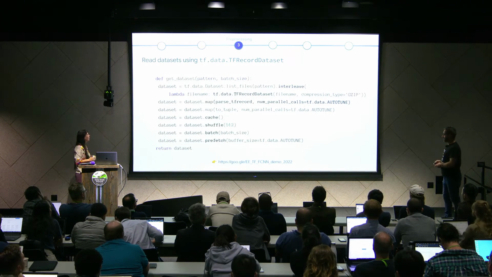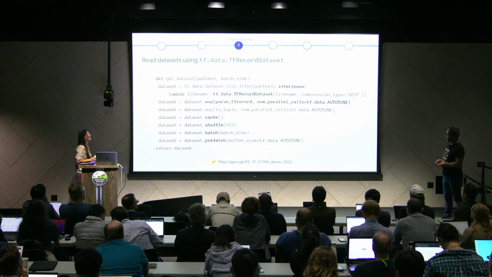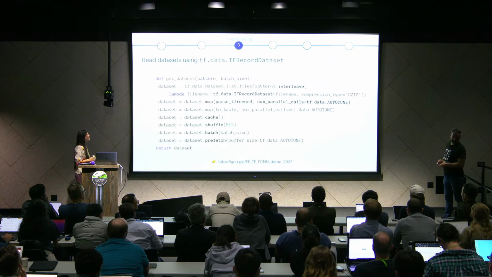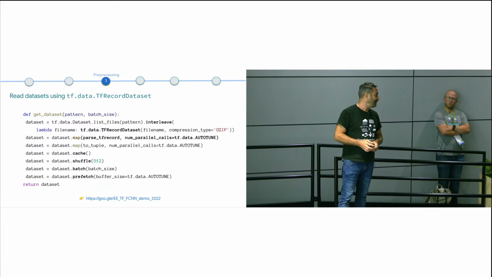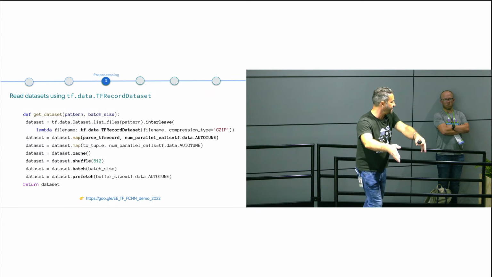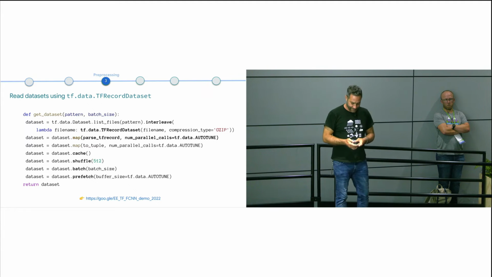And there's a bunch of fanciness in here. You interleave the reads, so the reads get parallelized over the files. You read them into TFRecord data sets. You parse the data out of them, because remember, we put those into those serialized strings. Now we're going to parse it back out again.